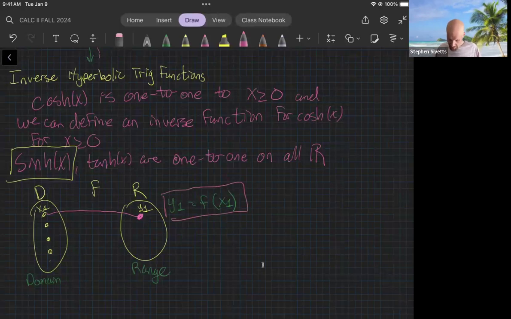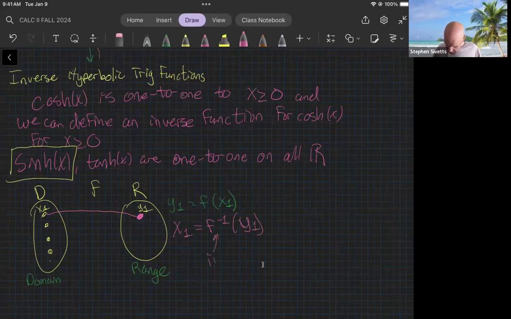Okay, so an inverse function is the opposite of an ordinary function. What we want to do is figure out points that are in our range that get mapped to points inside of our domain. So an inverse function is saying, well, x1 is equal to f inverse of y1, right?